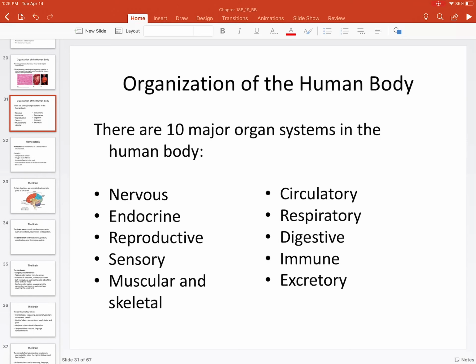So in your body, you have 10 major organ systems, and you need to know the 10 major types. We're not going to talk about them all in great detail, but we are going to cover the ones that you're supposed to know. So the nervous system, your endocrine system, reproductive, sensory, muscular, skeleton, circulatory, respiratory, digestive, immune, and excretory.